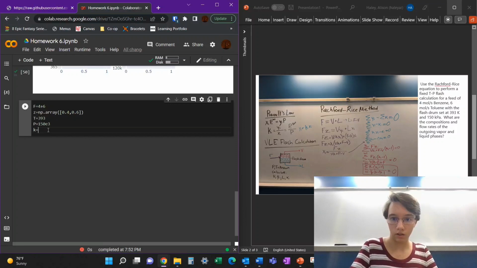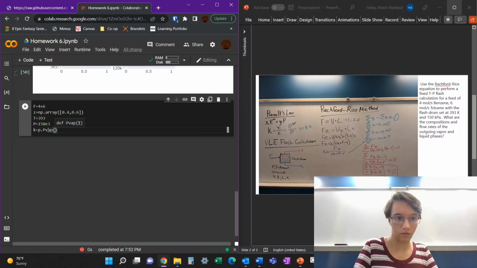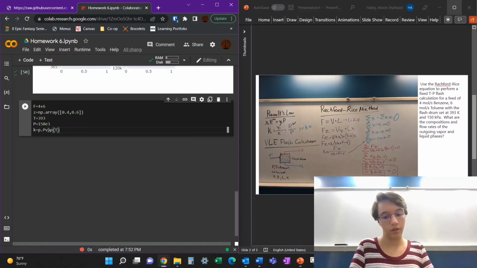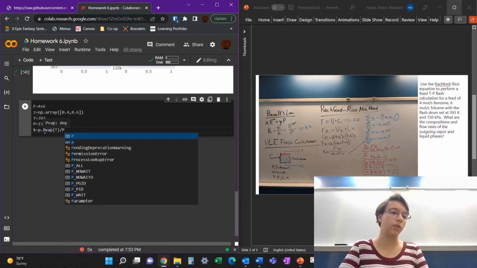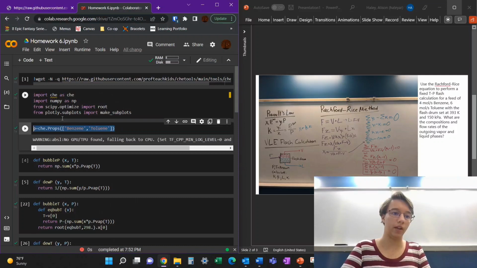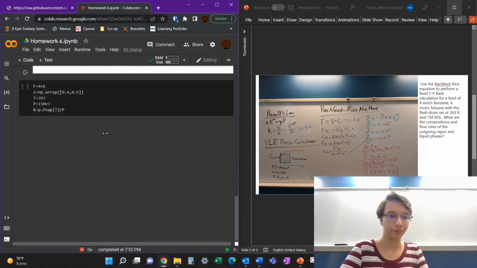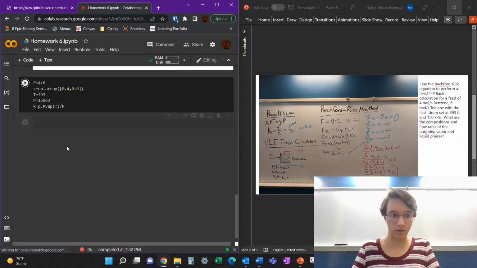So our K is equal to our P dot PVAP of our temperature, divided by our pressure. And this value will also be inside of an array because it's calling on the array that we made before with our benzene and then our toluene.